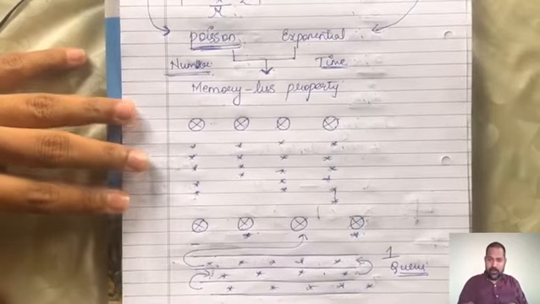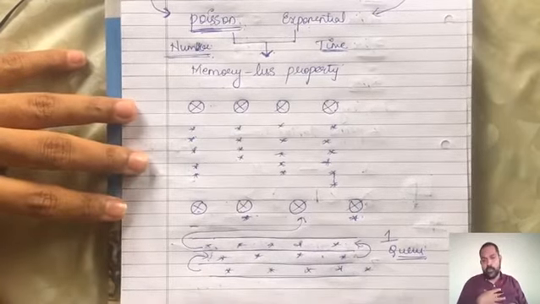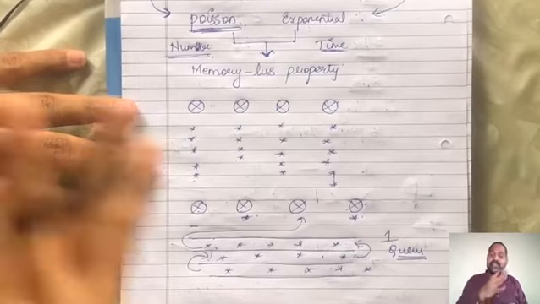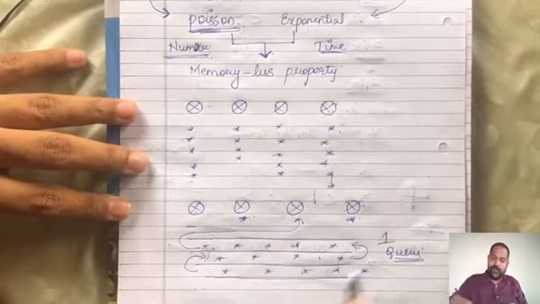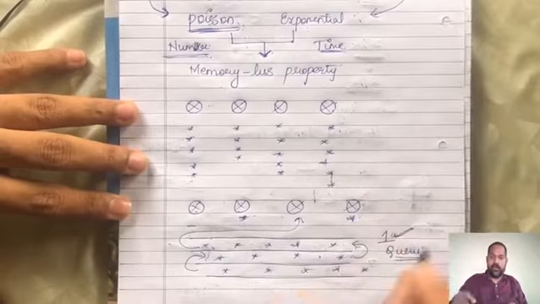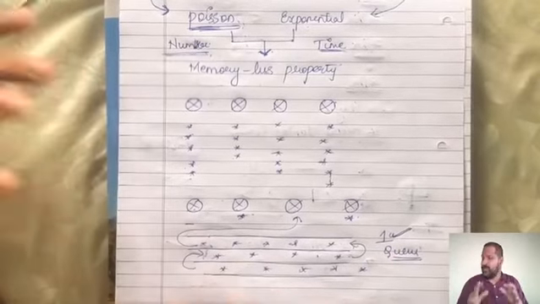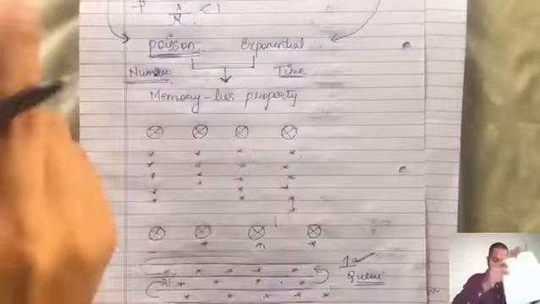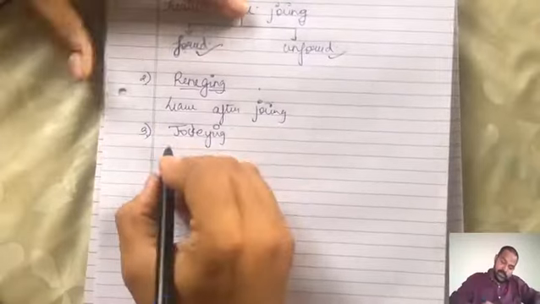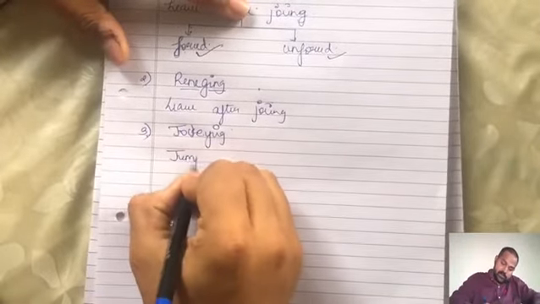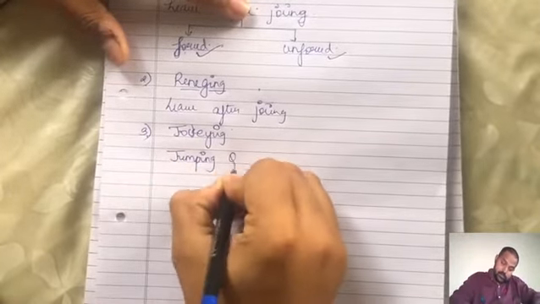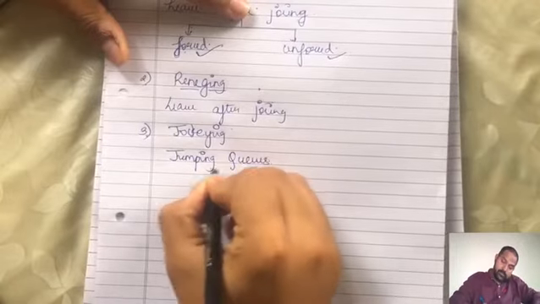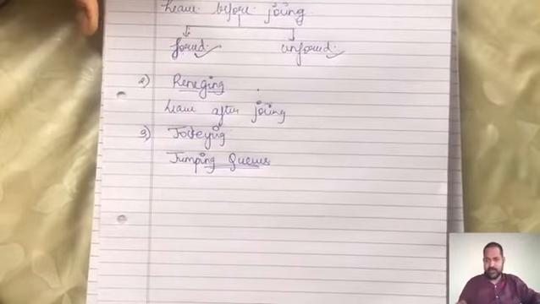But remember, I told you one thing. Whenever we talk about a queuing system, we will always be talking about a queuing system where only one queue is formed. And if there is one queue formed, there is not going to be any jockeying. So can I say jockeying, which in other words is jumping queues, will never happen in our system?